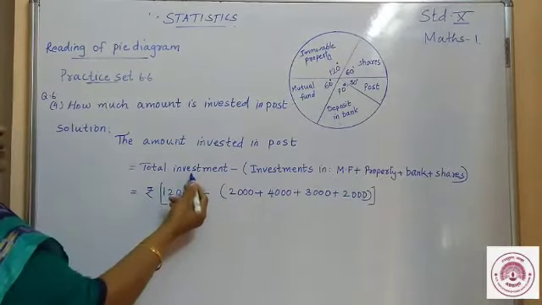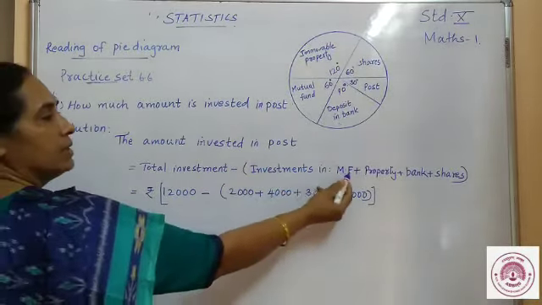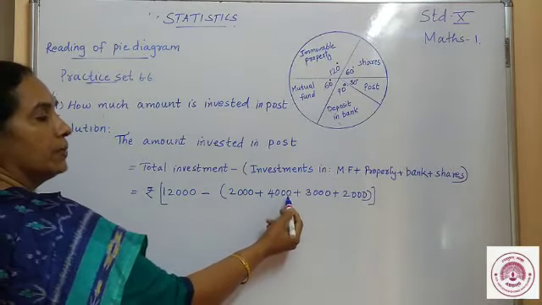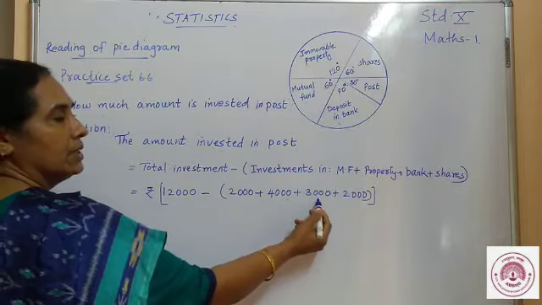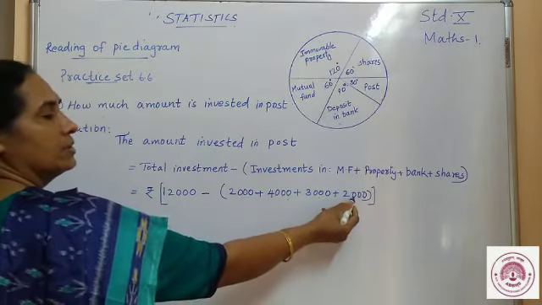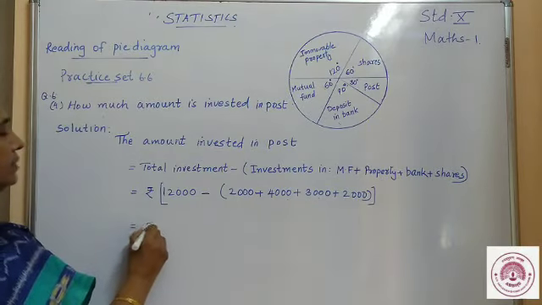We know that total investment is rupees 12,000 minus investment in mutual funds 2,000, investment in immovable property rupees 4,000, deposited in bank 3,000 and shares that is given in the question 2,000.